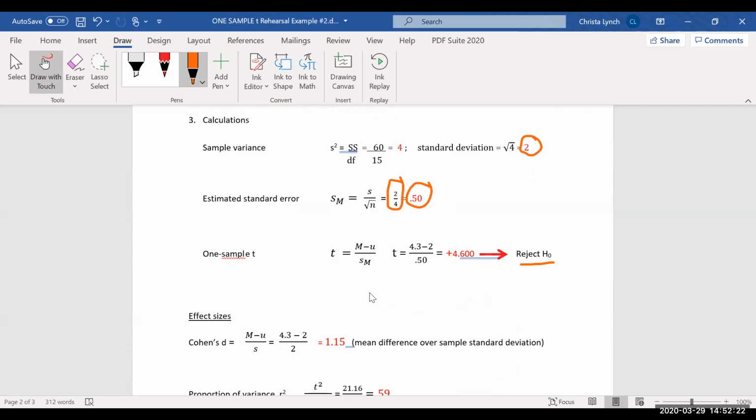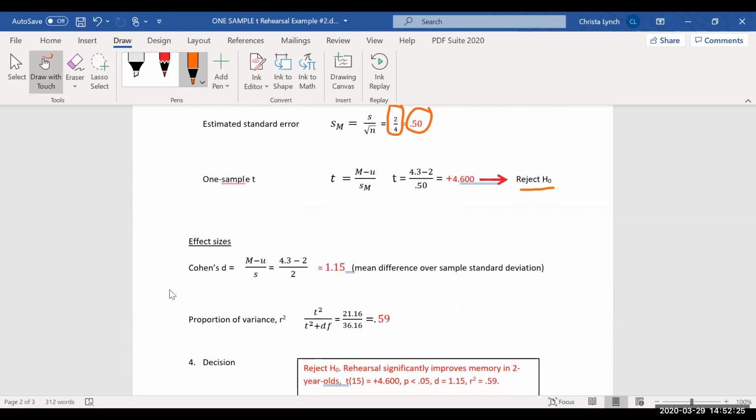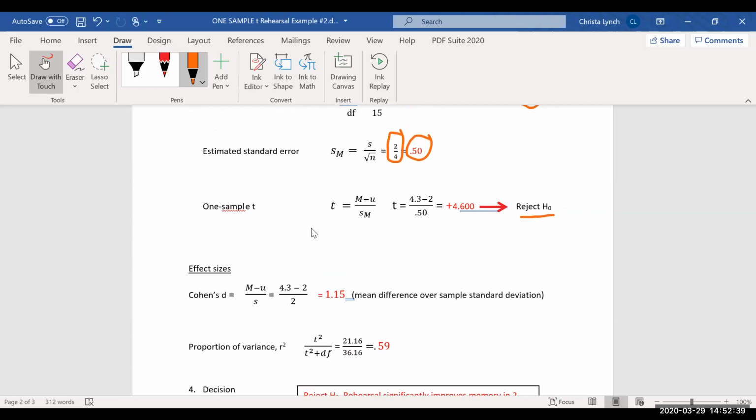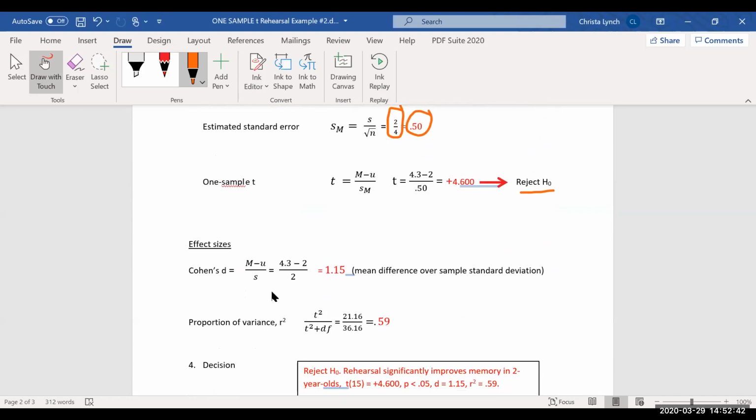We're not quite done yet, right? So we have our effect sizes. So we have our mean difference, and for the sake of our class, we're going to just take the absolute difference, which is 4.3 minus 2, okay, and that's divided by 2, and that's going to give us 1.15.